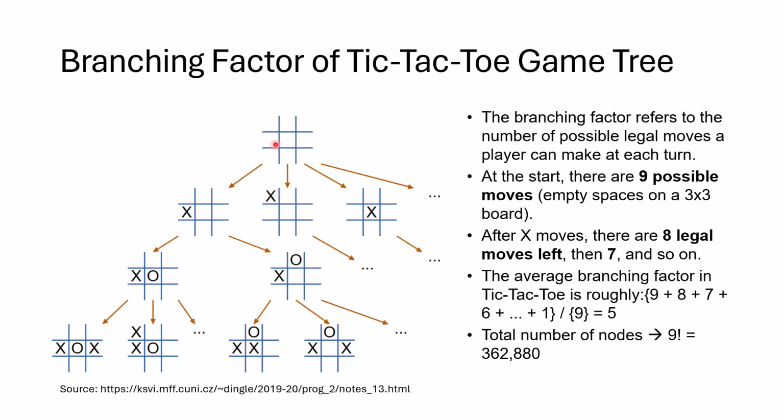And the leaf node's depth can be different, right? If it's a draw, we go to probably the 9, all 9 boxes are full. But like we have seen in the previous example, after 5, 6, or 7 moves, you can reach a win or lose situation, right? So terminal nodes are basically the outcomes. We have to understand that, okay?